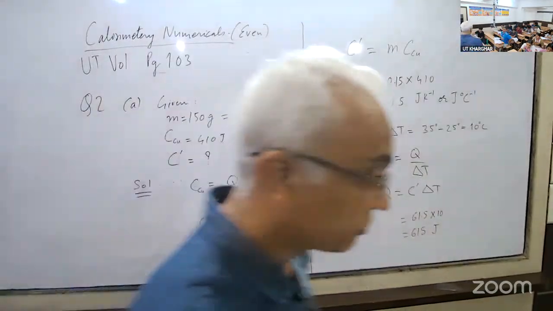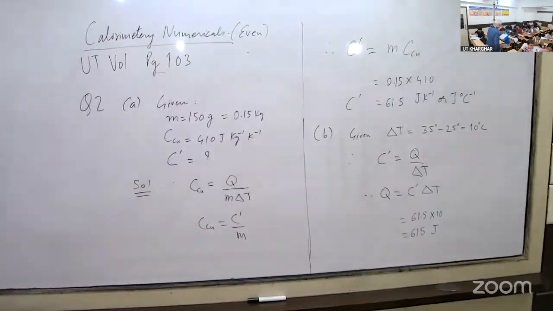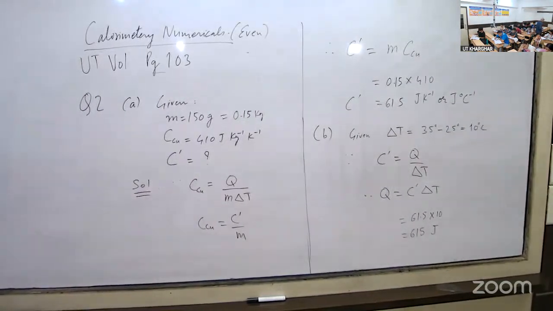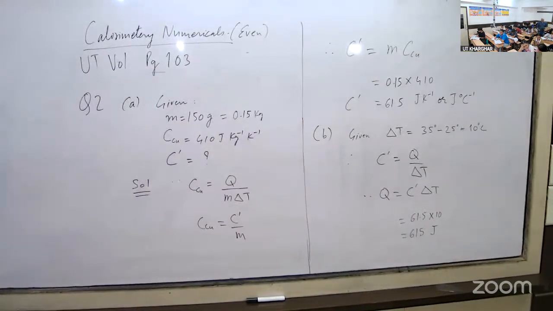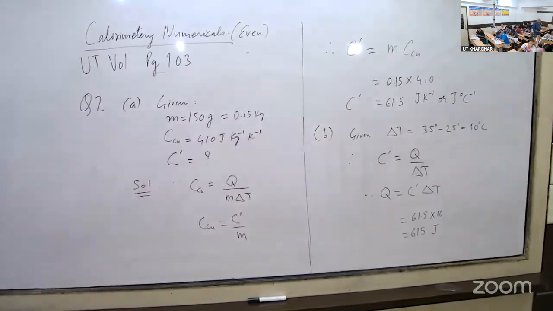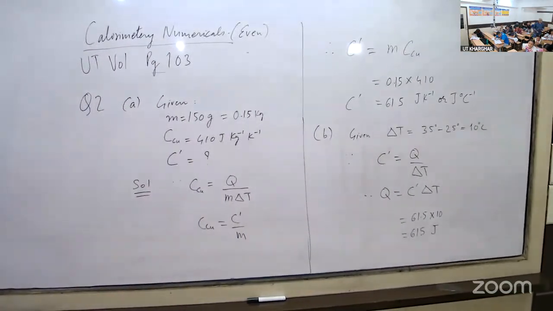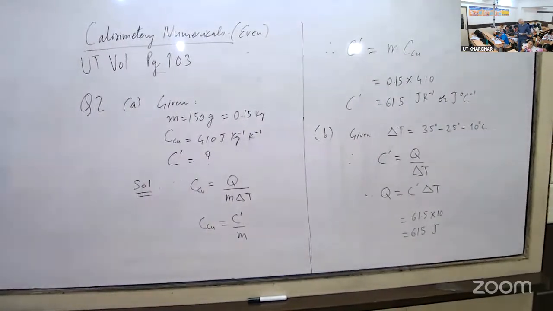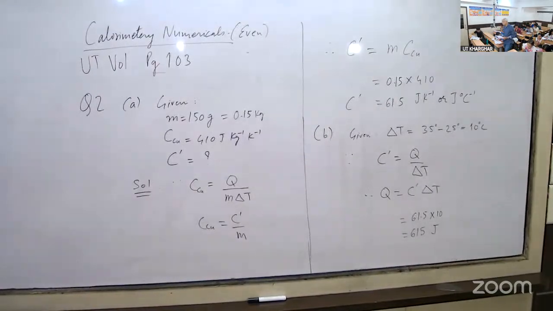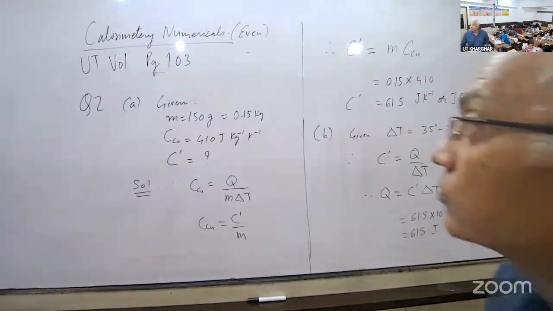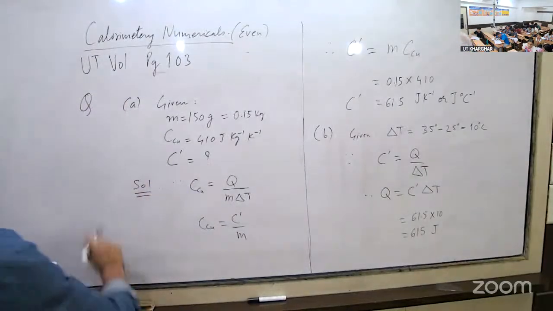Try the next question. 45 grams of water at 50 degrees in a beaker is cooled, and 50 grams of copper at 18 degrees Celsius is added to it. Write down the given data. Second question. This table doesn't have volume. This is question 1 of volume.